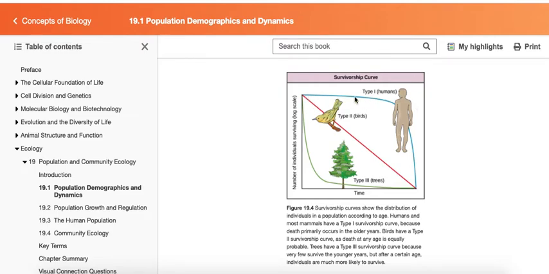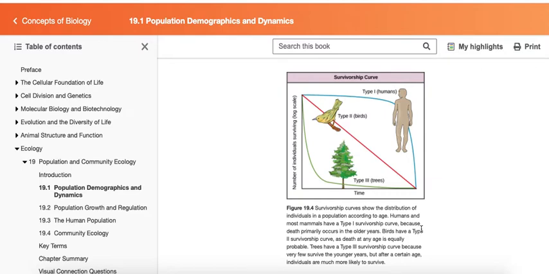This one is a survivorship curve. We're going to look at the blue line right here that they have humans on. This survivorship curve will have animals, or sometimes plants, but usually animals, that will have very few young, but very few die until they reach a certain age, and then most of them just die very quickly.